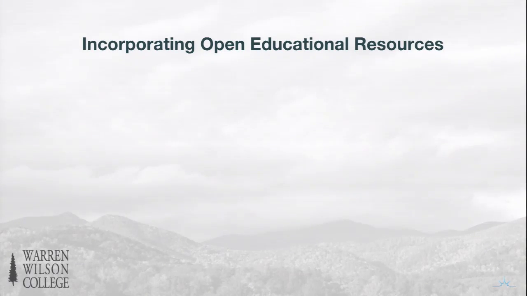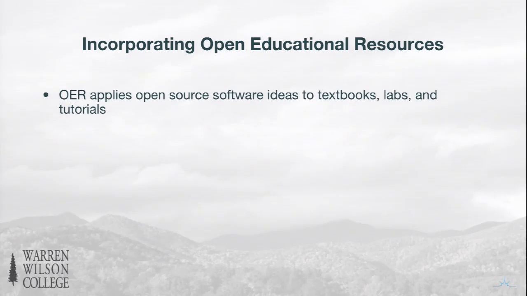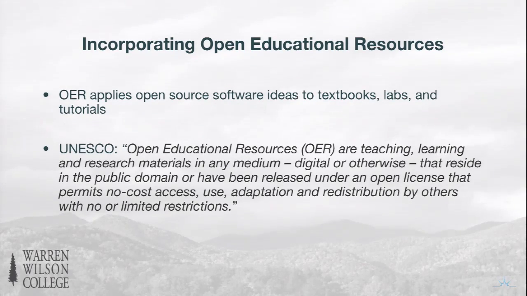So we can start using that same language of open source and apply it to OER. Here's UNESCO's definition, but you see some of the same words showing up again: open, accessible, no cost, adaptable, reproducible. Those same ideas of open source software we are starting to see more and more in OER.